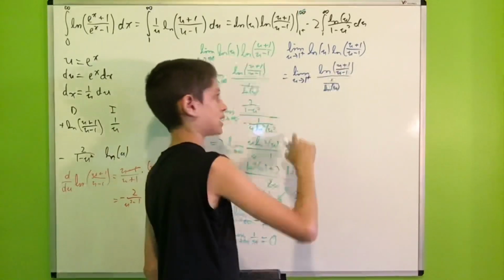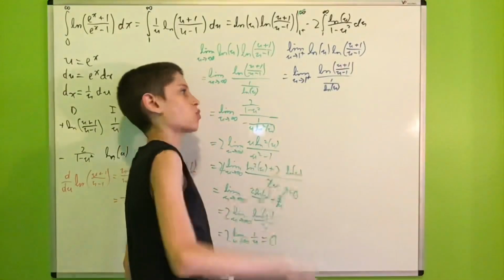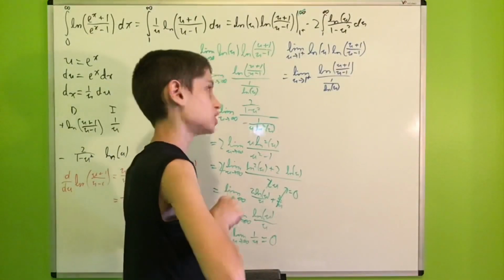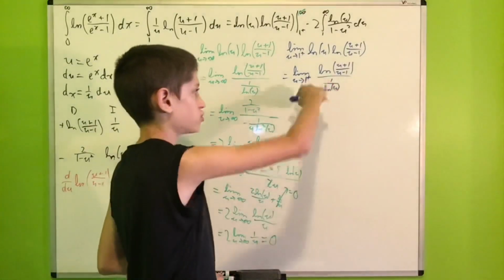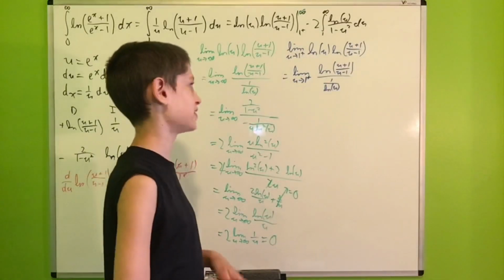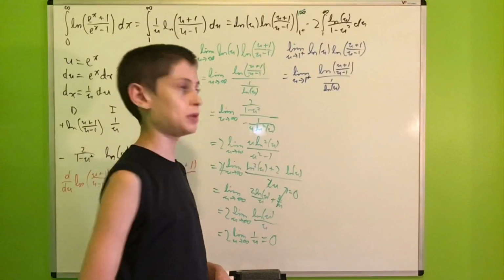Because at the top we get infinity, at the bottom we get 1 over 0, which is infinity or negative infinity, depending on which side you approach it. But as you go from 1 to the positive range, this will be infinity. But either way, we will have an infinity over infinity situation, which means we can use L'Hopital's rule.